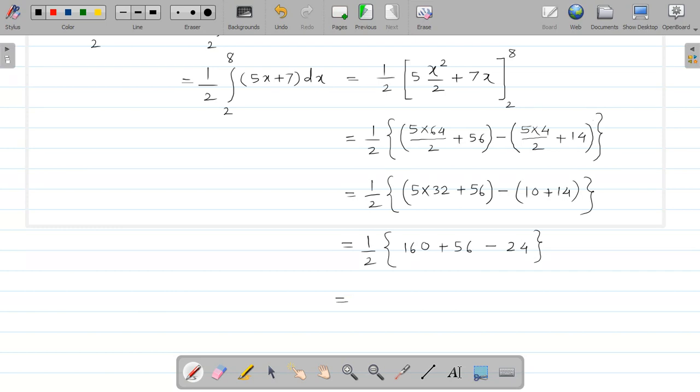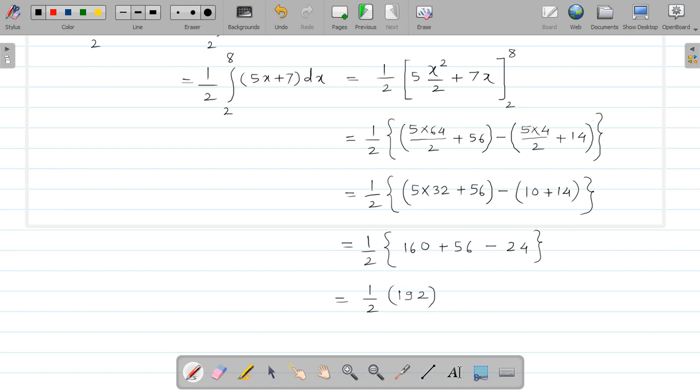Now see the calculation here. So it is 1 by 2 into bracket. Now 160 plus 56 and minus 24, if you check this carefully, then it will be 192.